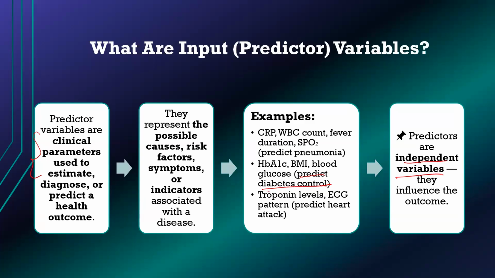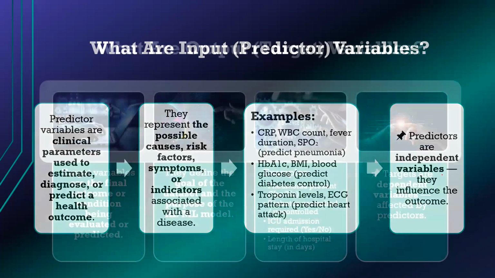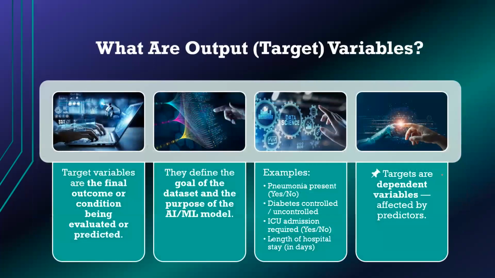So based on all these independent variables reported by the patient, we can take it to the target variable, which helps us know whether the person is suffering from a certain disease or not. The second category of variable is the target variable, or output variable, as we can call it.